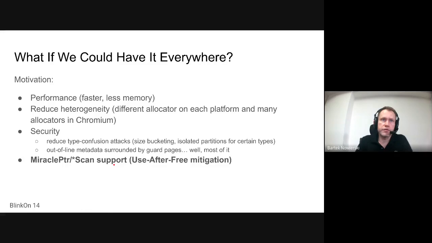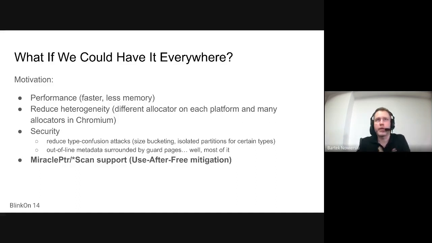These are technologies that I spoke about in the previous BlinkOn that are meant to mitigate use-after-free security issues, and they require us to have our own allocator to work. That was the reason why we decided to finally pull the trigger on PartitionAlloc Everywhere.